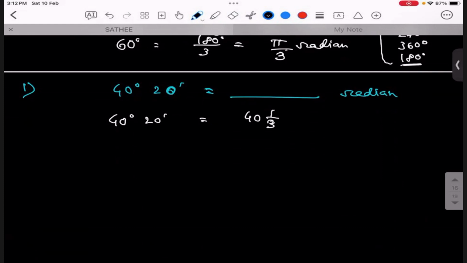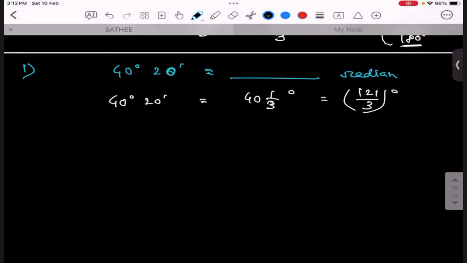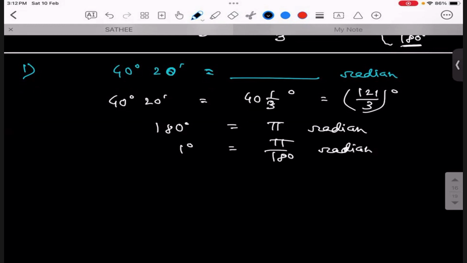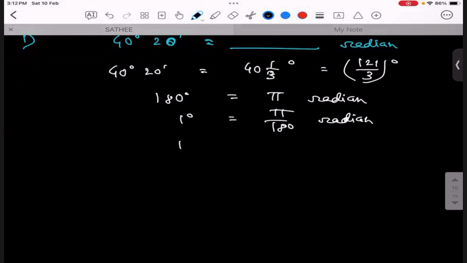This implies 40 and 1 by 3 degree, that is 121 by 3 degree. Now we all know this relation, 180 degree equals pi radian. Then 1 degree equals pi by 180 radian. Then what about 121 by 3 degree?